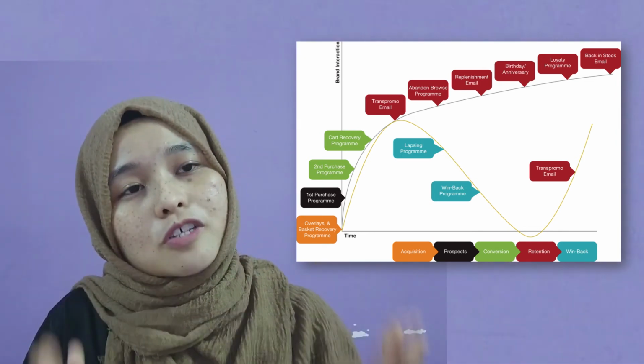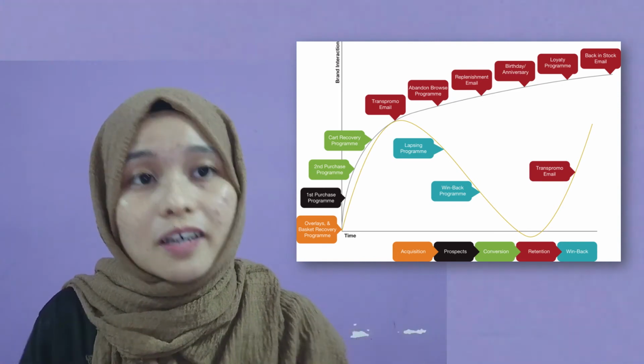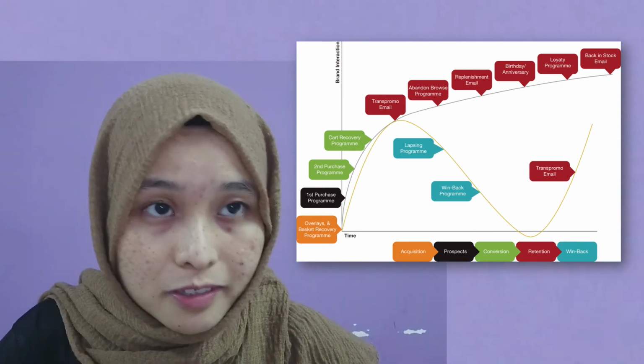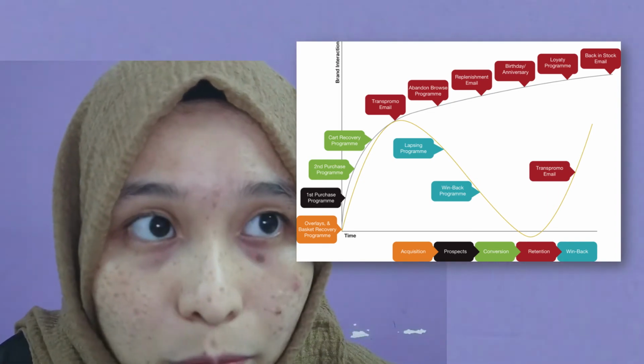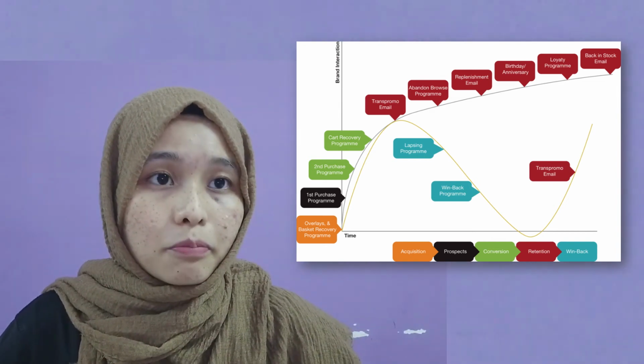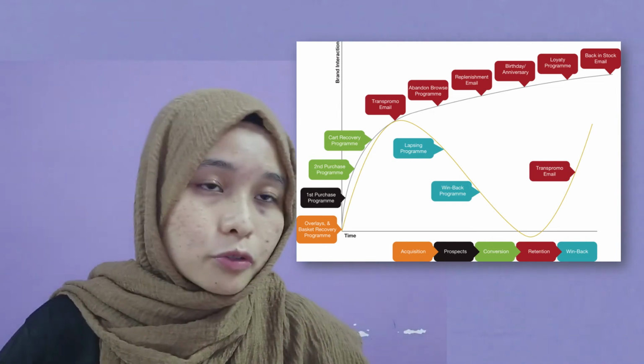There must be a difference between how you advertise in your email messages for a first time buyer, and for the second purchase program, when your customer has already bought your product.